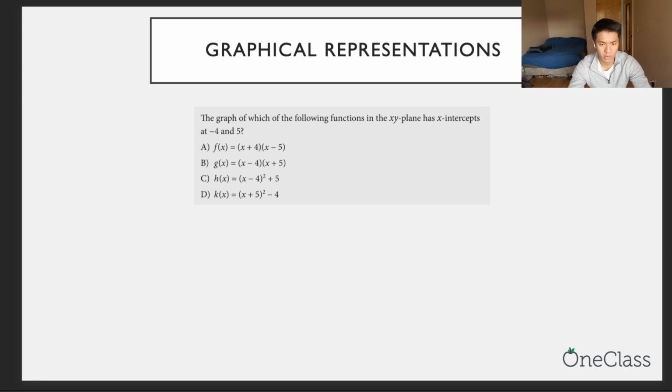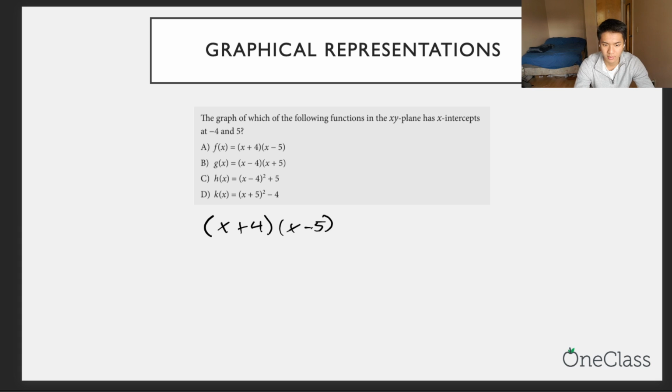So, a graph of which of the following functions in the xy plane has x-intercepts at -4 and 5? So this is basically saying, do you know the basic definition of a zero or a root? If we know that the x-intercepts are at -4 and 5, that means those are the zeros, and therefore we can connect that with information we had about our quadratic function format and say if the zeros are -4 and 5, then the factors are x plus 4 and x minus 5, right?